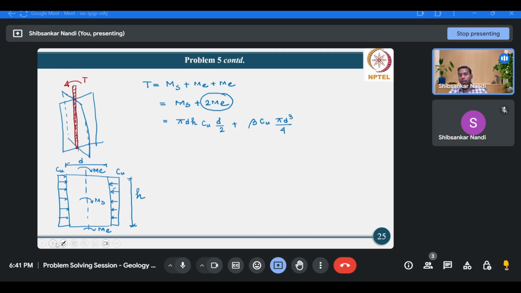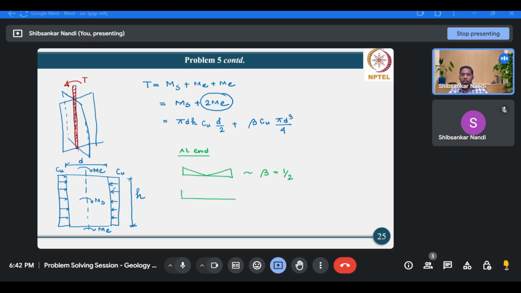Now this beta will vary depending on the distribution at the base and top. So at the end, if the distribution is triangular, beta will be half.